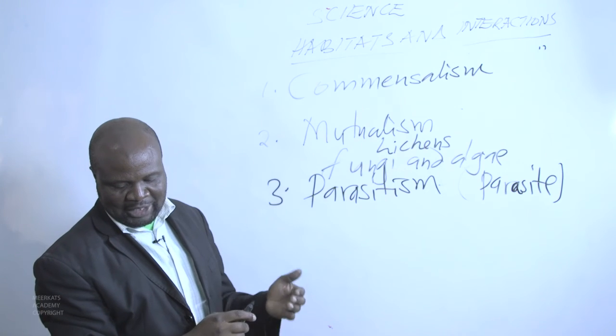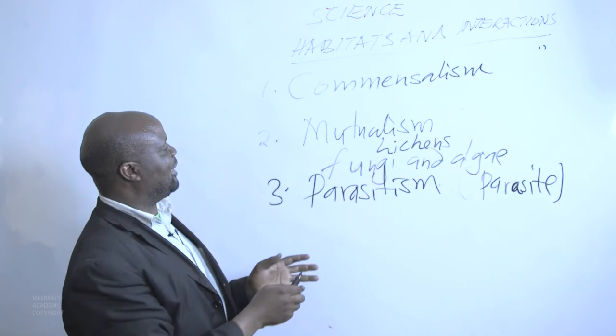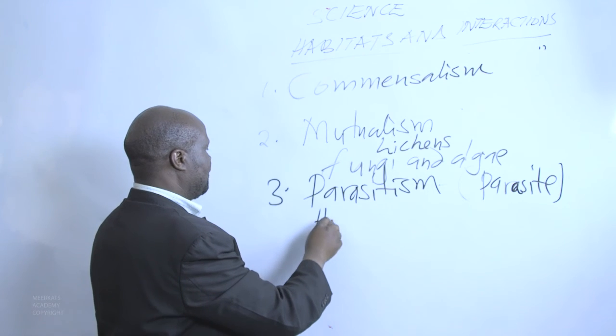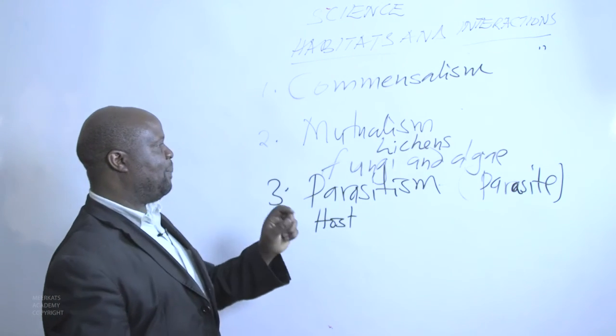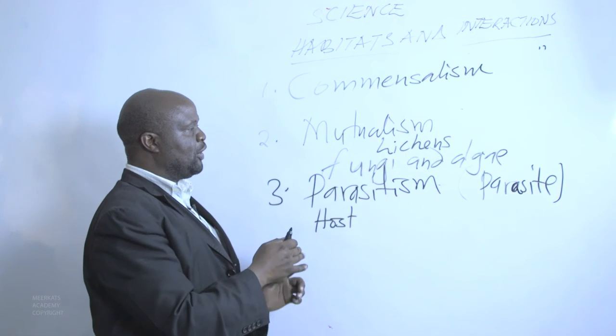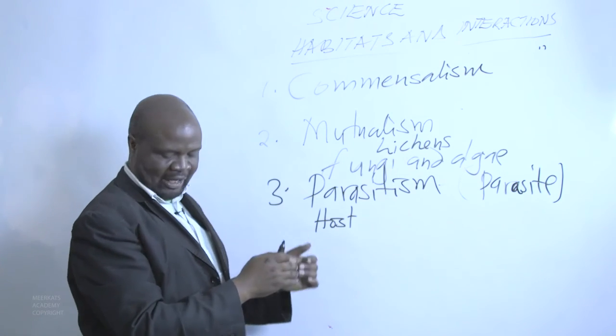It lives on another organism, and this organism that the parasite depends on is called host. So you find that a parasite is a kind of organism that will depend on host for food and life.